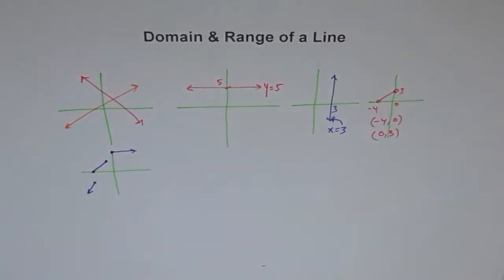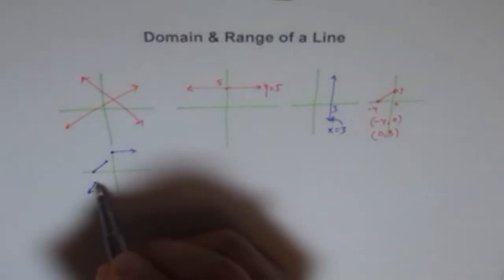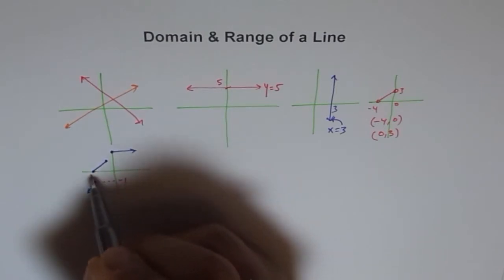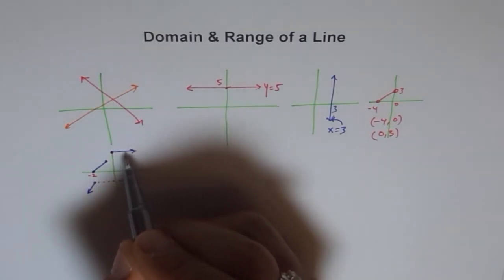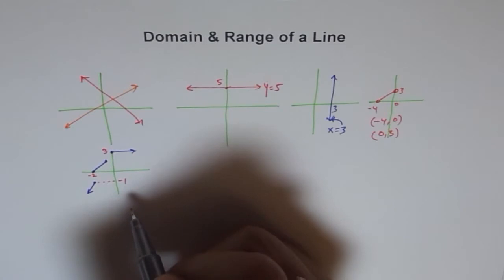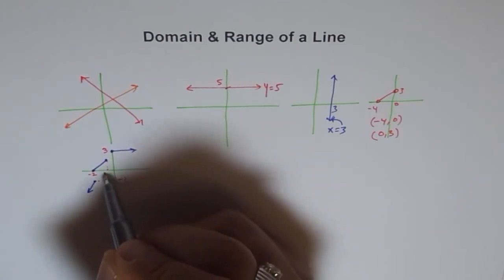Now for this, what is the domain and range? Let's mark some points here. Let's say this is minus 1, and this is minus 2 for the x value, and this y value is 3. And let me put this as minus 1.